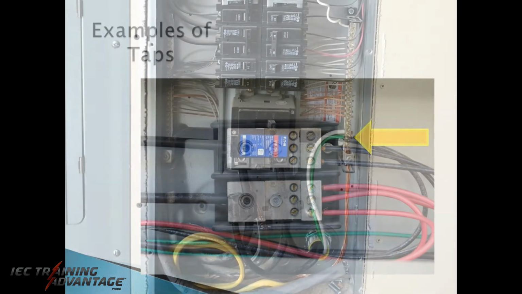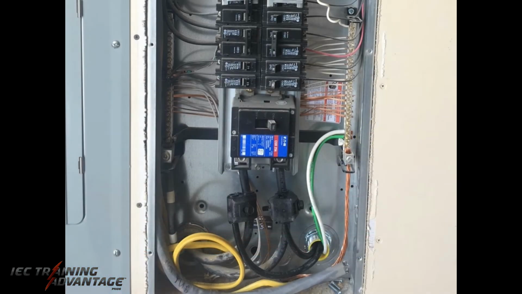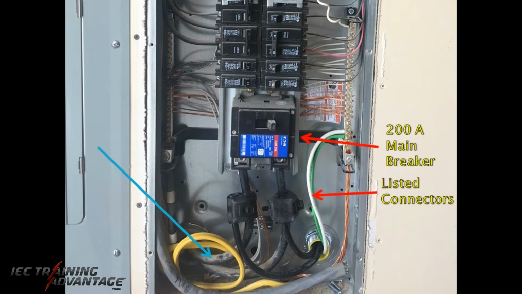Here's another example of a tap, and mostly I wanted you to see the kind of connector that is used here, just because this is something that you might see quite frequently. Right here we can see large conductors coming into this 200 amp Eaton breaker. Then you can see, there's our breaker. Now you can see listed connectors tied onto those large conductors, and shooting off of those are some smaller conductors.